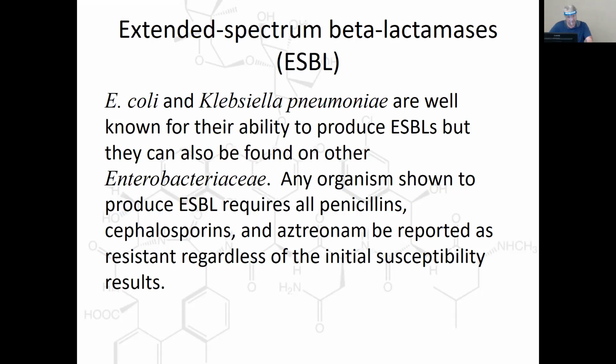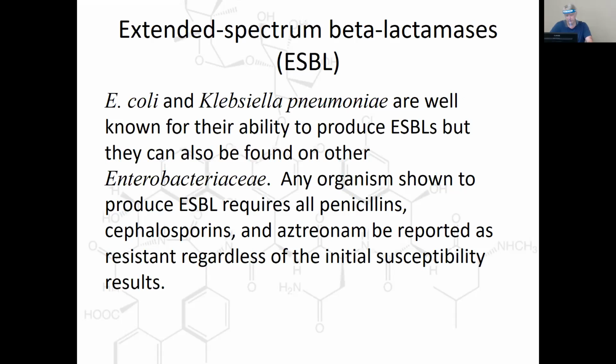This is key. This is the note you write up in micro lab and put it on the board until you get this down. If you got an ESBL, you need to check your MIC and make sure that the computer will do this, but if you're doing this manually, you need to do this. You need to make sure that the penicillin, the cephalosporin, and the aztreonam are reported as resistant, regardless of what they look like.